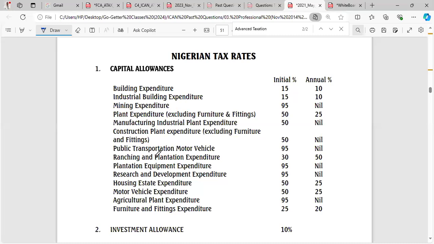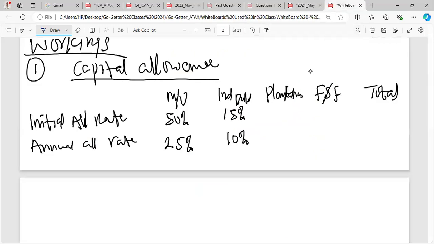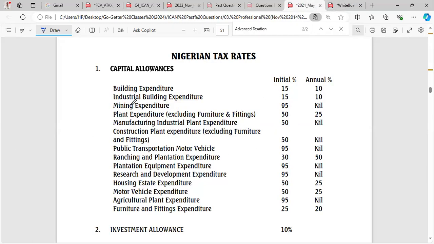Ranching and plantation expenditure, that is how they give the question. We have 30 and 50. So you write 30 and 50. Okay. We have furniture and fittings.